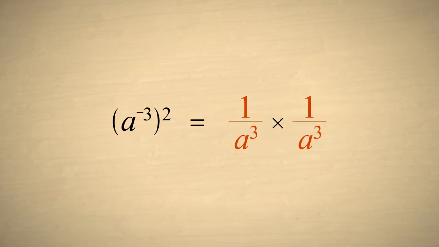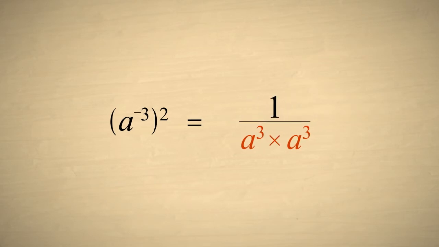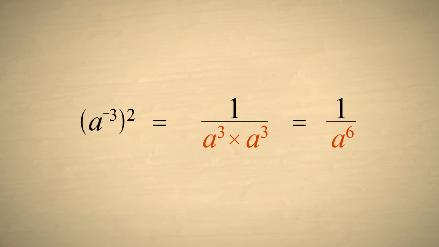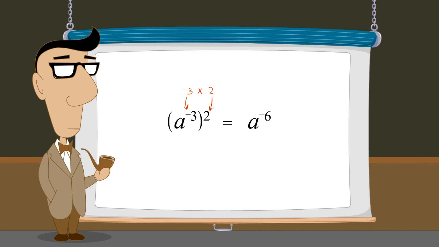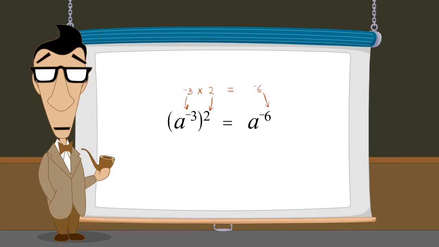To multiply these fractions, we multiply their denominators, and we get 1 over a to the 6th power, which is the same as a to the negative 6th power. Since negative 3 times 2 is negative 6, it looks like our rule for multiplying exponents still holds.